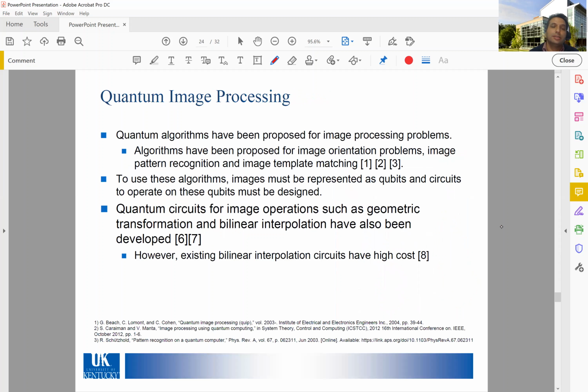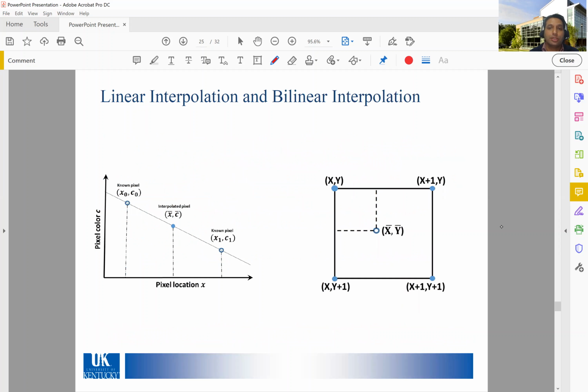Similarly, the work that we discussed has application in quantum image processing, which is being explored recently, and arithmetic circuits form a major building block for that. So this is an example of bilinear interpolation.